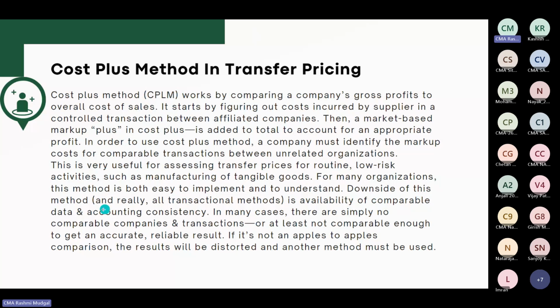So the downside of this method, and really all transaction methods, because this downside is for the CUP method also, and the resale value method also. This downside will be applicable to everything. It is the availability of comparable data. How can you compare, how will you find the same contract, a comparable contract, the same quantity, the same rate, the same delivery? There could be a possibility that one company is in Punjab and one company is in Gujarat, so obviously my travelling cost will be different for both the companies.